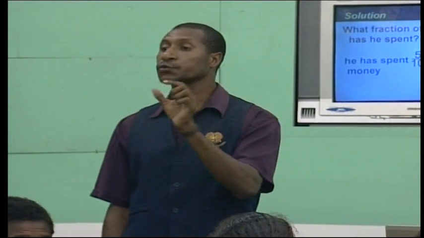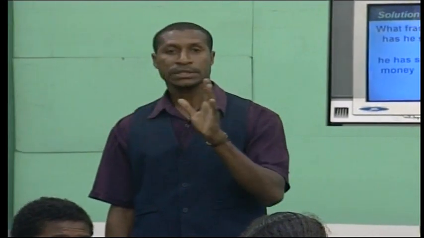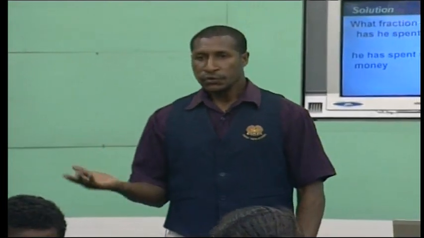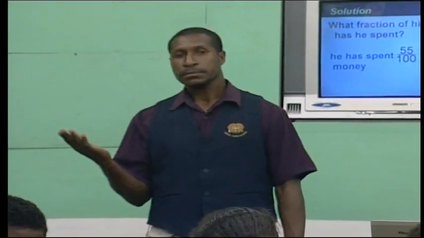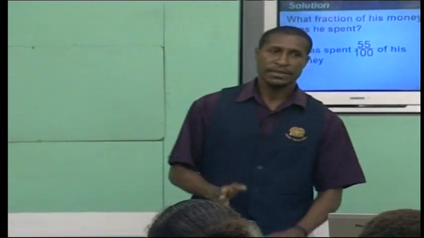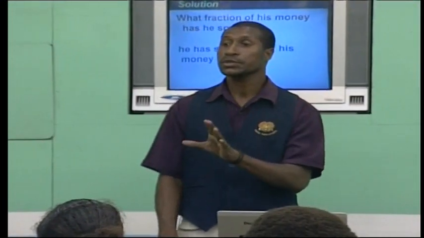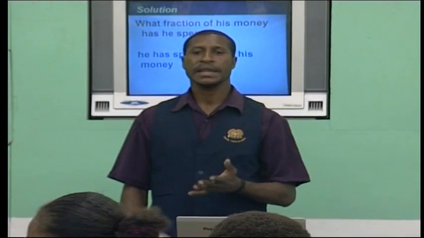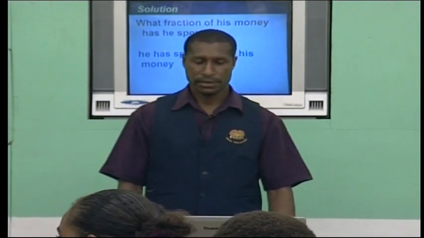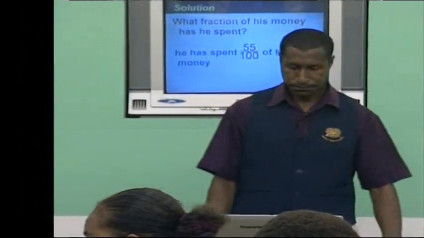So 1 kina has to be changed to 100 toya. This is just for an example. In other measurements, you should use the same thing. Always change the units to the same unit before you identify the fraction that has been used.